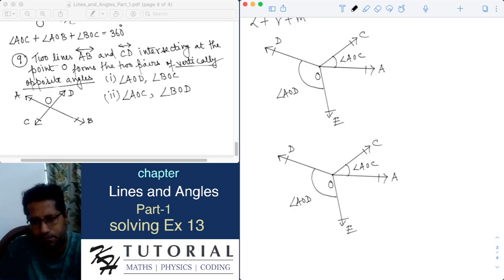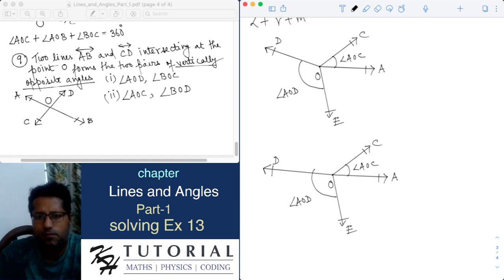So I have to adjust the arm OD to be a ray opposite to OA. So the ray OD has to be like this, opposite to OA, and the ray OE has to be opposite to the ray OC.